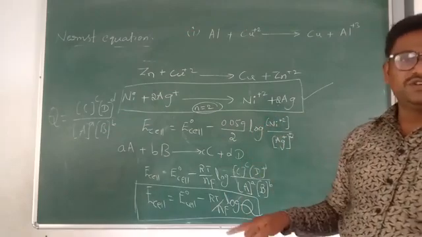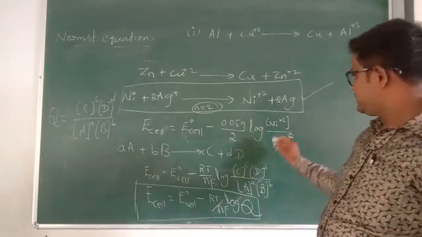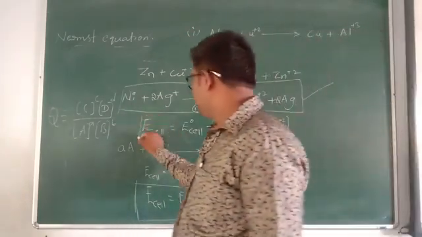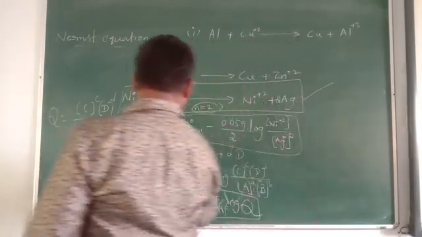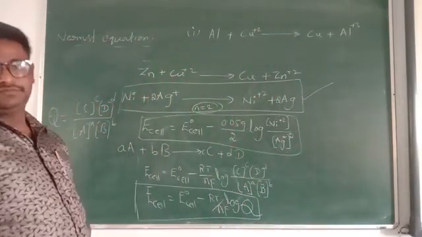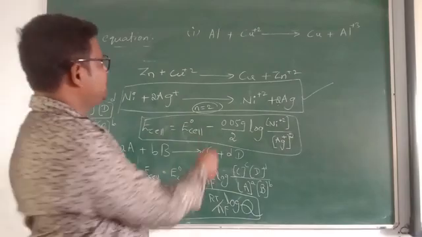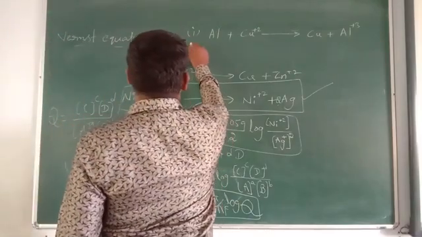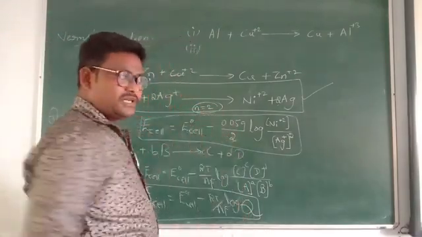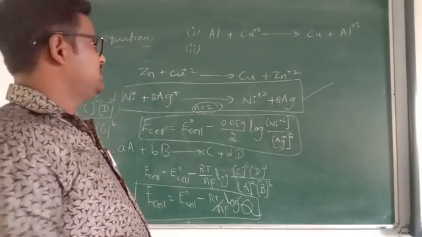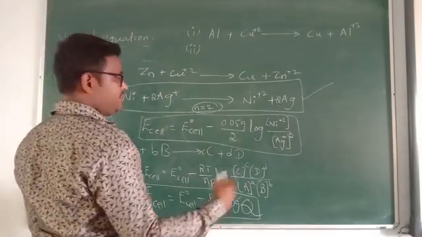Balance it yourself, and write the Nernst equation like I just wrote. Okay, like this. So easy. You try. Otherwise, I will give you the answer. You should try first. Then later we can see.